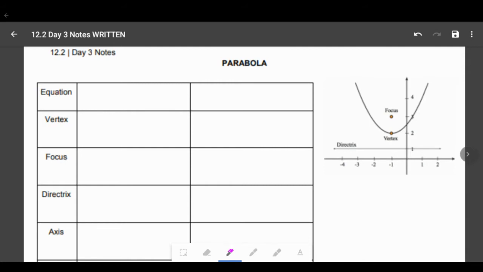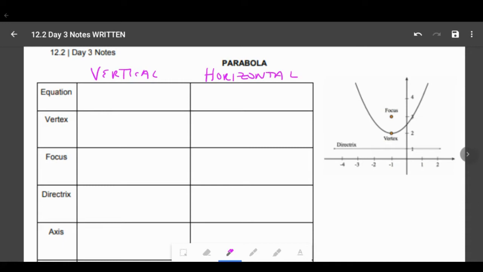The first thing is let's take a look at the equation. Now, one thing you're going to notice right away is that you could have a vertical parabola. Well, that's not different. But we're also going to look at what happens when sometimes you get a horizontal parabola.